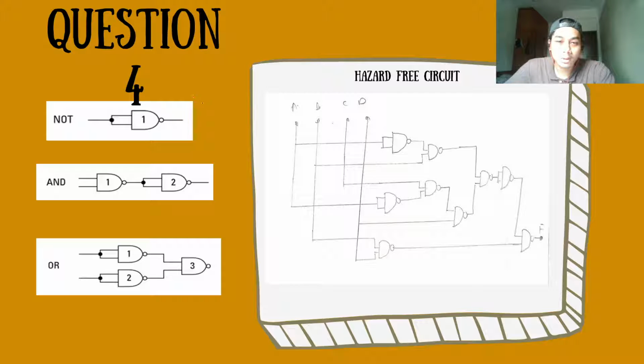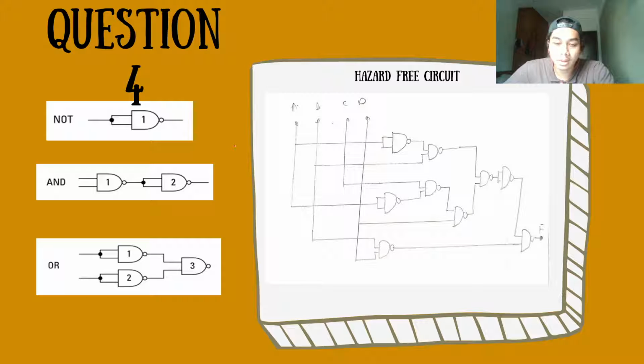For question 4, we need to draw the hazard-free circuit using only universal gates. There are 2 ways to draw with universal gates. The first one is using De Morgan's theorem from Boolean algebra, and the second one is modifying the circuit.